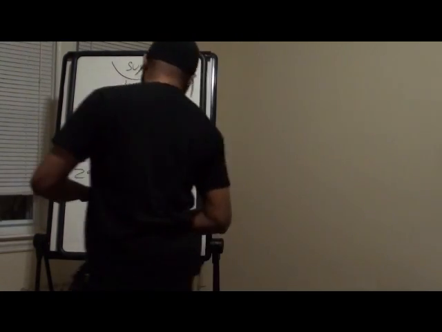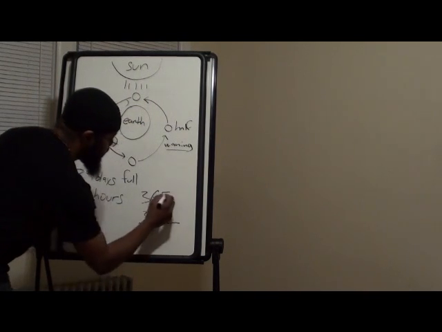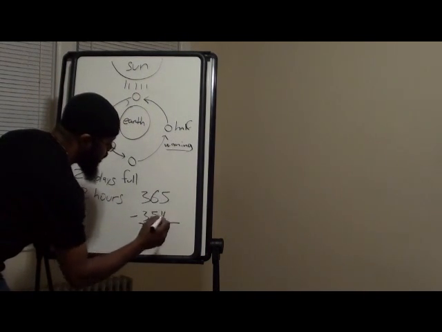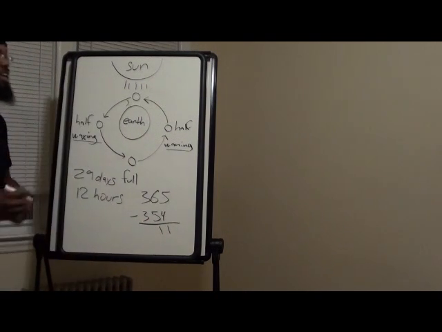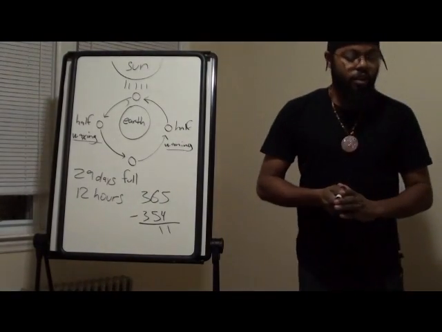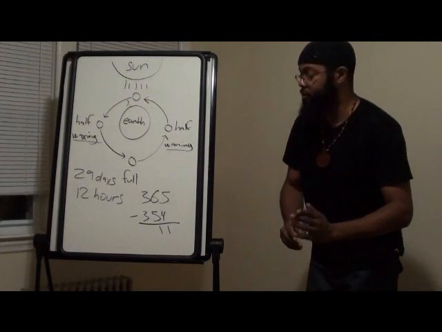Okay? It's real simple mathematics with this. Alright? So, what's the difference? 5 minus 4, you got your 1. 6 minus 5. There's an 11-day difference. Okay? So now, that presents us a problem. What's the problem?